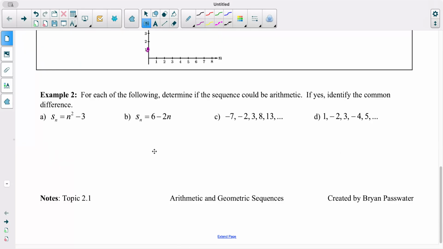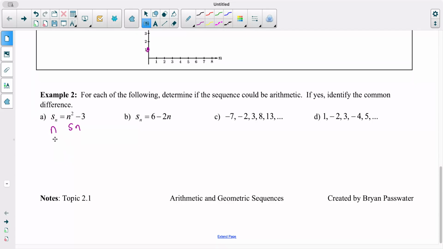So if it's arithmetic, that means it is going up by the same amount every single time, right? And technically you should be able to recognize that this is definitely not linear. So you could stop and just say, no, it's not linear because n is squared and that's a quadratic. You could also make an input-output table to prove that your outputs, when we look at the differences between them, are not going to be the same.